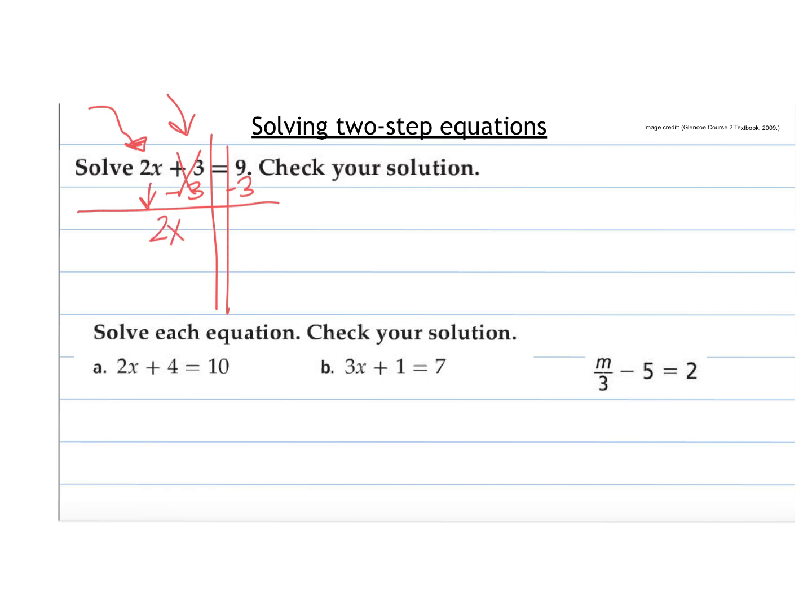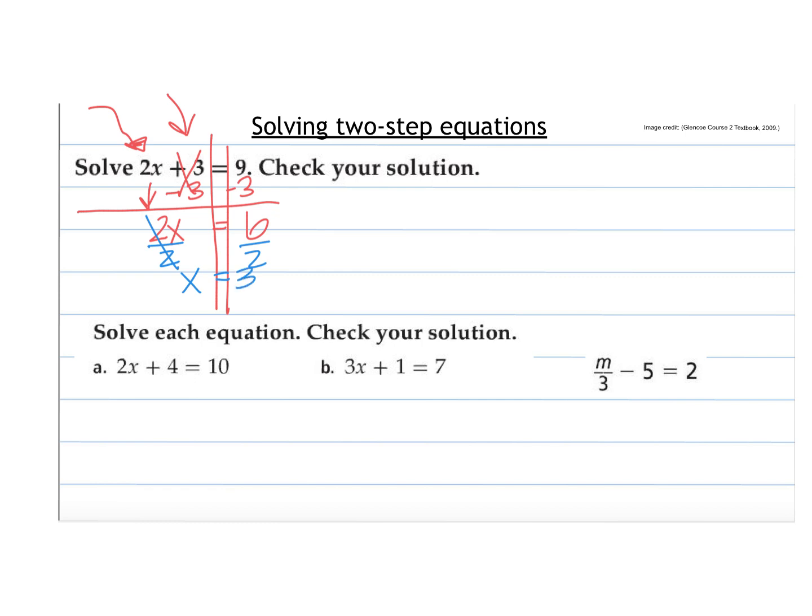I bring down my 2x, and then 9 minus 3 equals 6. Now I have 2x equals 6, which looks like an equation we've done before, a multiplication one-step. X is being multiplied by 2, so I'm going to do the opposite and divide both sides by 2. 2 divided by 2 is 1, which gives me x, and 6 divided by 2 is 3.